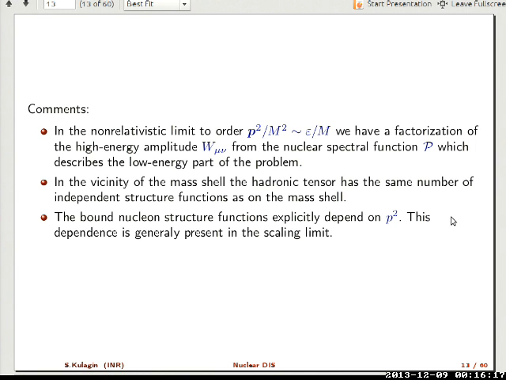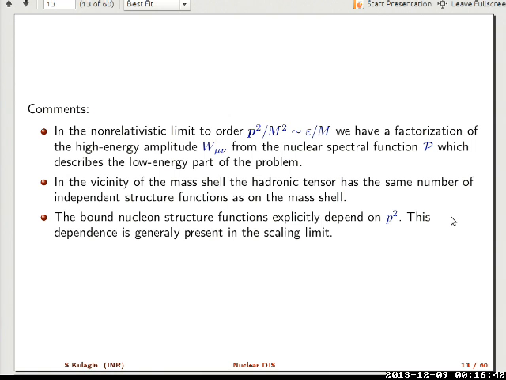Here I would like to make a couple of comments. If we have a non-relativistic system, then we can proceed to this order and get familiar expressions for cross sections and structure functions in terms of the spectral function. But these expressions hold only to this order.